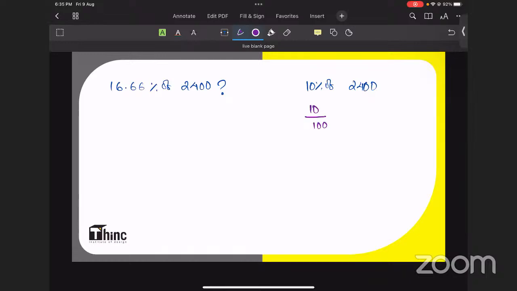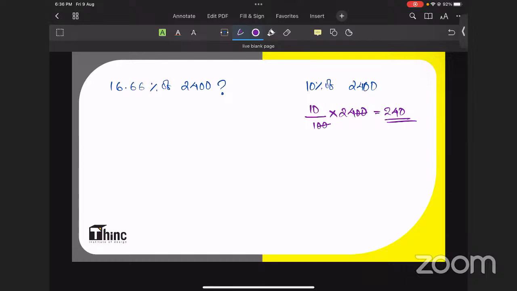The meaning of 10% is 10 by 100, and 10 by 100 of 2,400, zeros cancel, and 10 into 24 is 240. This is the conventional way of solving these questions. So we need to devise some new ways of solving these questions.